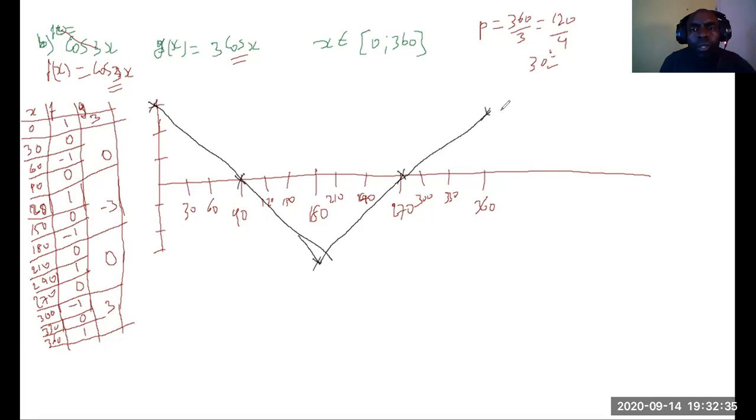This is the graph G. I can now change the color and then deal with this other one.